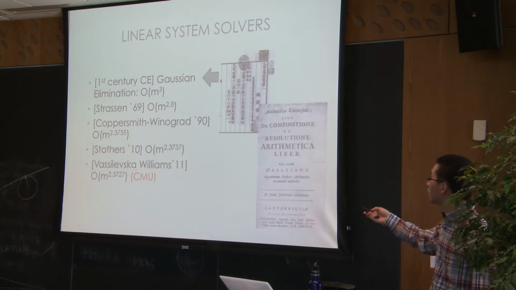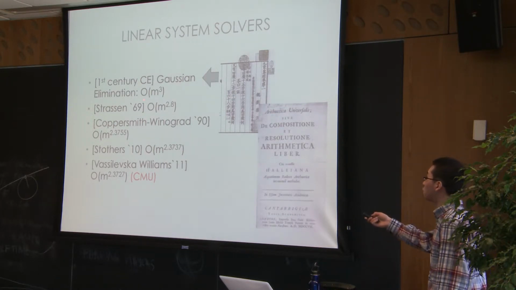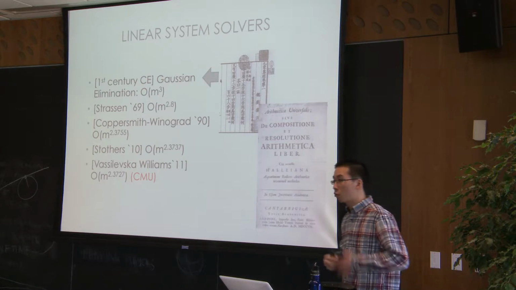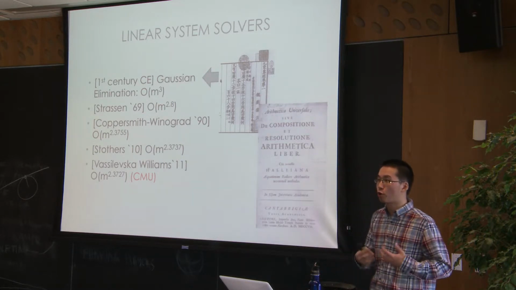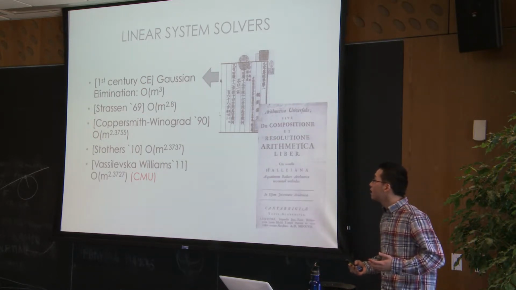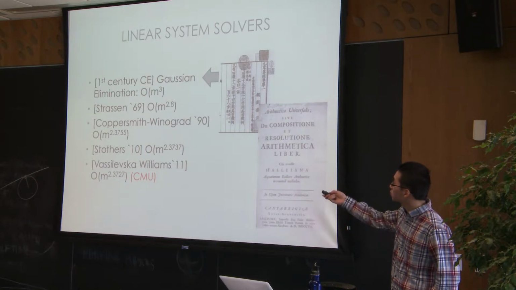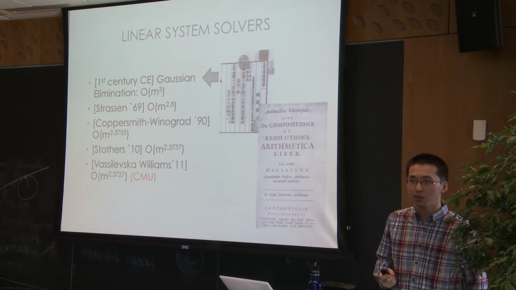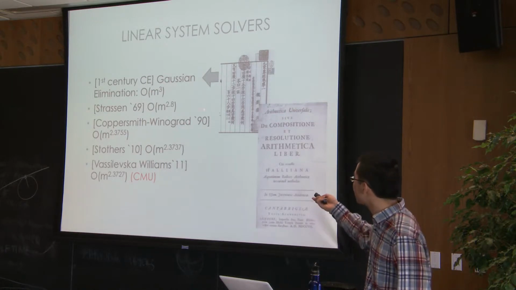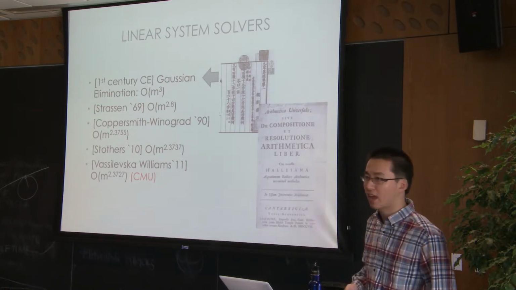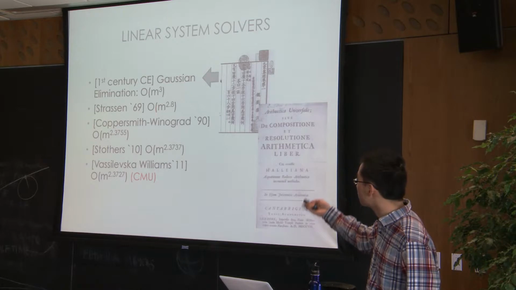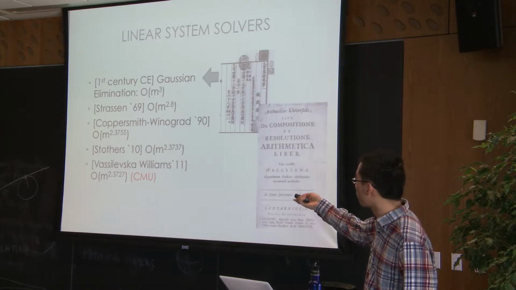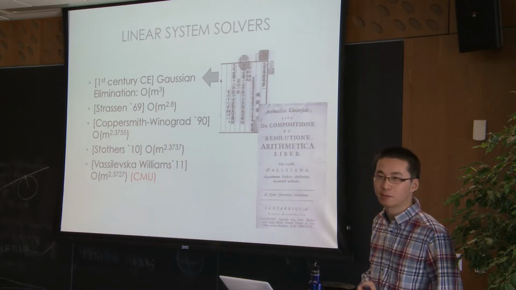So in the theory community, there was a lot of work on reducing this exponent of 3. So in modern terminology, Gaussian elimination is an order n-cubed algorithm. And somewhat surprisingly, it was shown that 3 is actually not tight. You can get a 2.8. Unfortunately, this is probably the only practical algorithm in this line of work. And people then started working on the 3rd and 4th decimal place in this exponent.